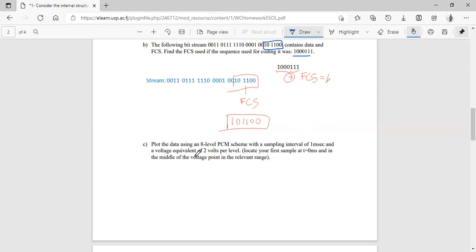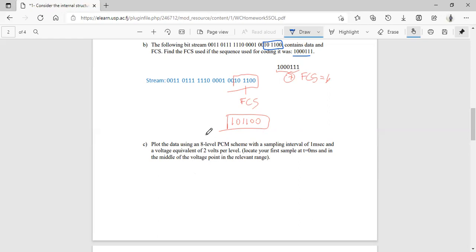It also says locate your first sample at t equal to 0 milliseconds and in the middle of the voltage point in the relevant range, right? So based on this, we have to plot the data for an 8-level PCM. For an 8-level PCM, how many bits are needed to represent it?